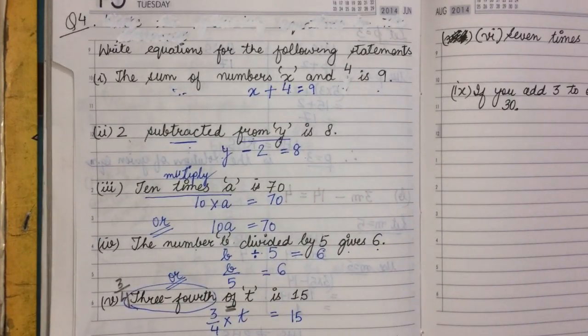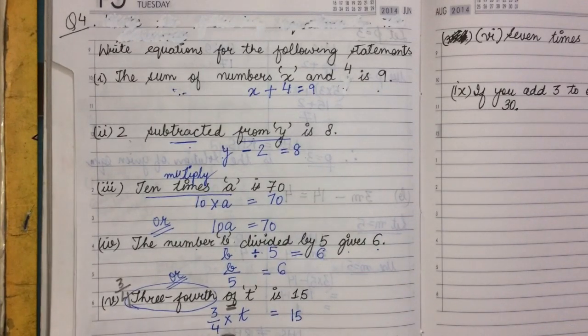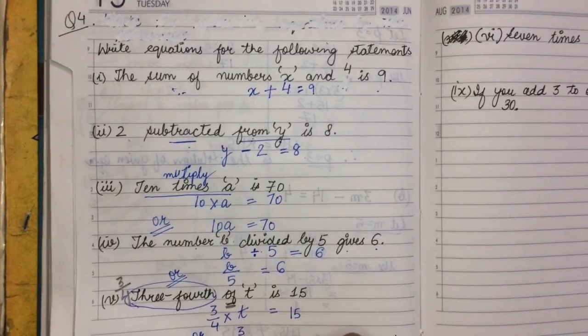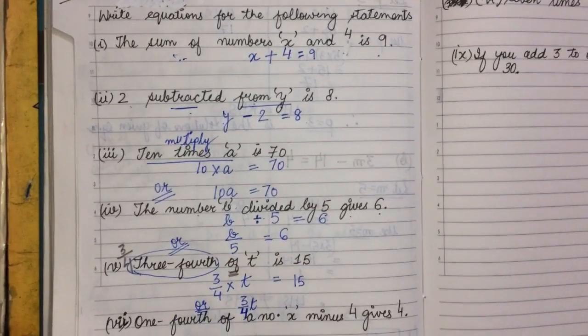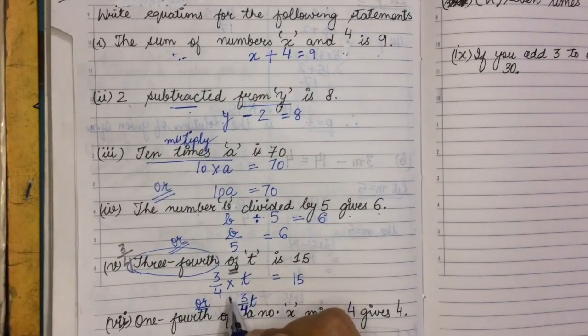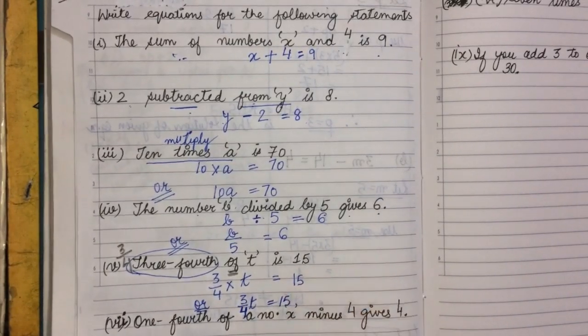And what we know is the sign of multiplication can be deleted. So this can be written as 3 by 4 t. No sign of multiplication. This can be written 3 by 4 t. I have deleted the sign of multiplication, and equals to 15 right hand side as such.